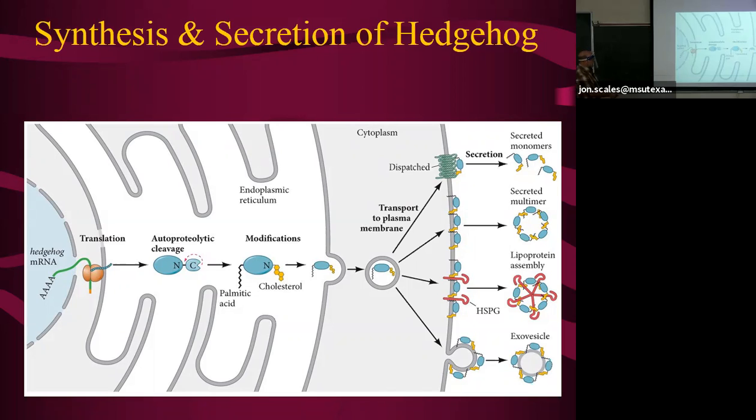And that's because it's secreted in a coat of heparan sulfate proteoglycans. That's the little fish hook looking things. And it also has a lipid tail and a cholesterol. It has palmitic acid on one end and cholesterol on its other end.